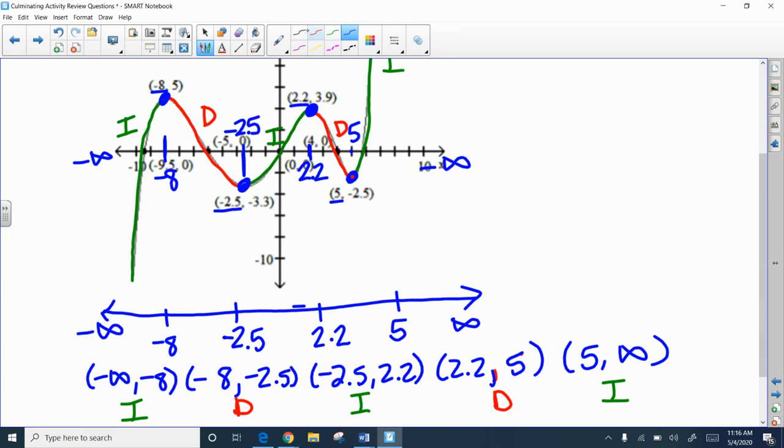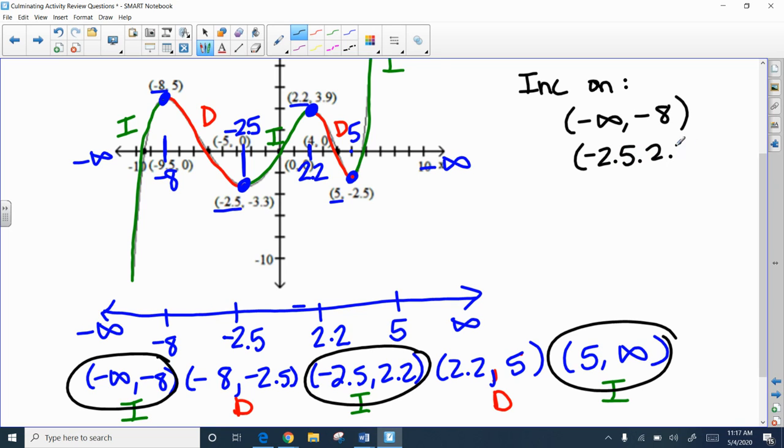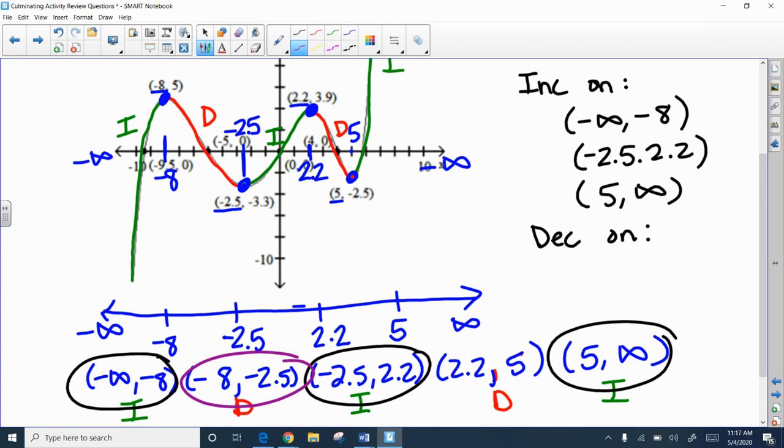All right, so another way we can write this is we can say the graph is increasing on all of these intervals. These are the increasing intervals: -infinity to -8, negative 2.5 to 2.2, and 5 to infinity, which means the function is decreasing on the other intervals.